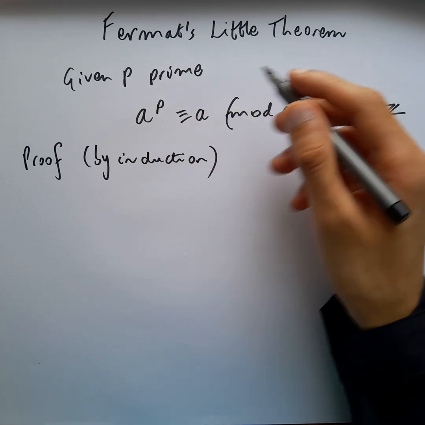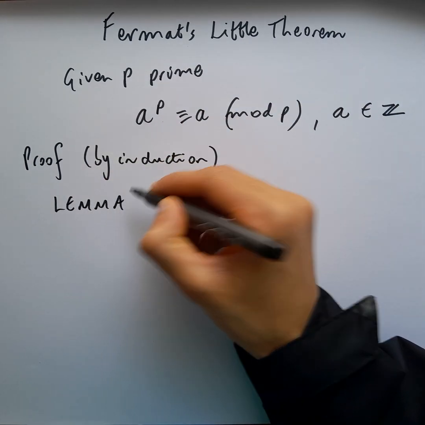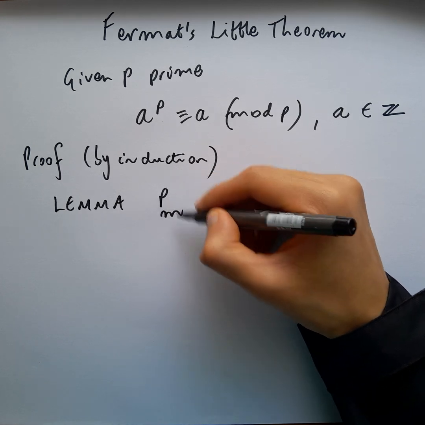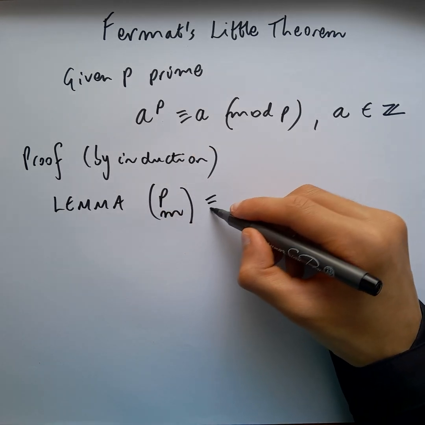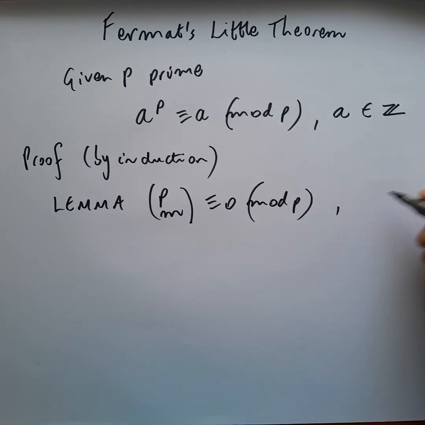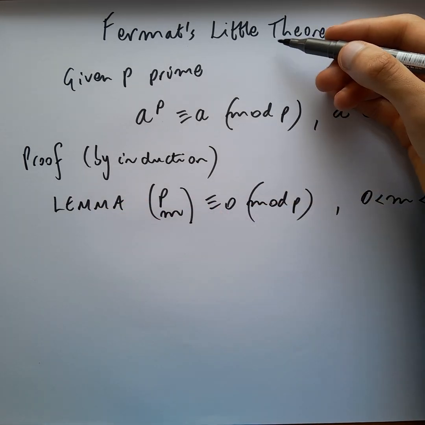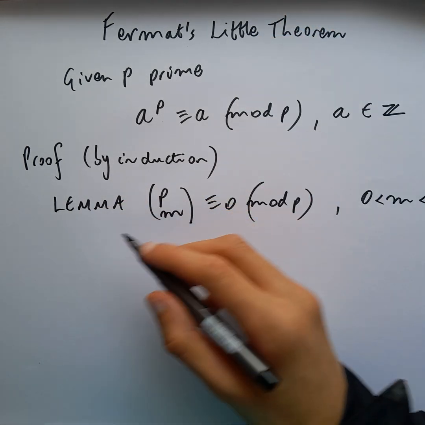So first we need a lemma. The binomial coefficient p choose m is congruent to 0 mod p, where p is prime, provided m is between 0 and p. We'll prove this after we've proved Fermat's little theorem.